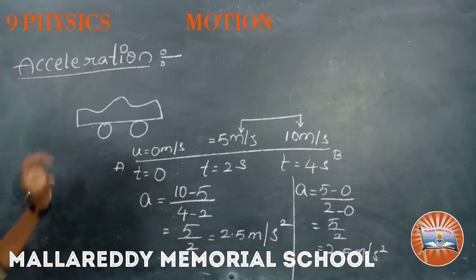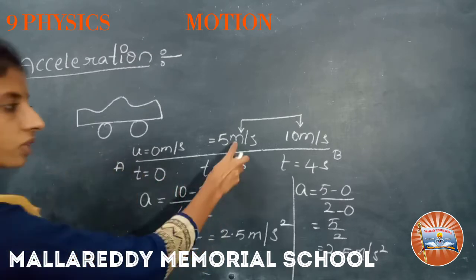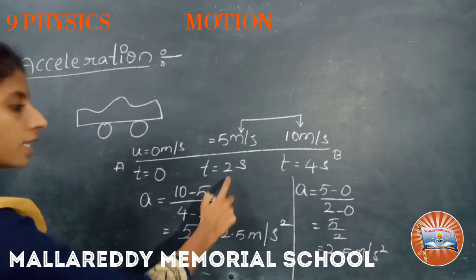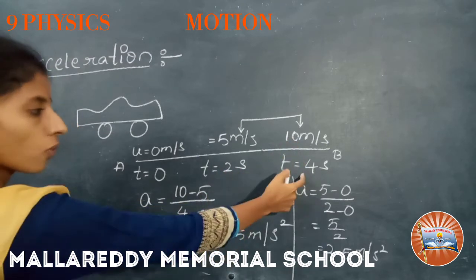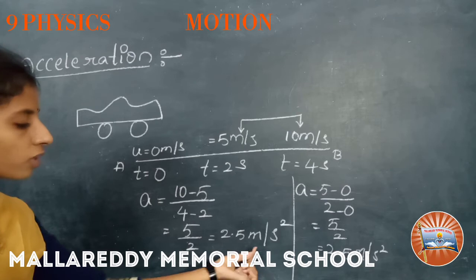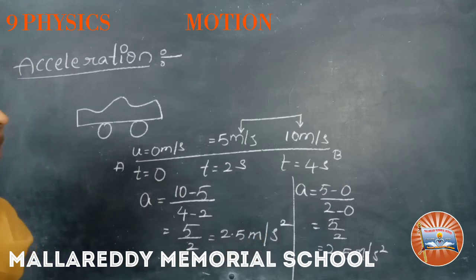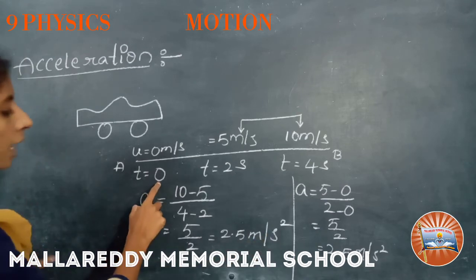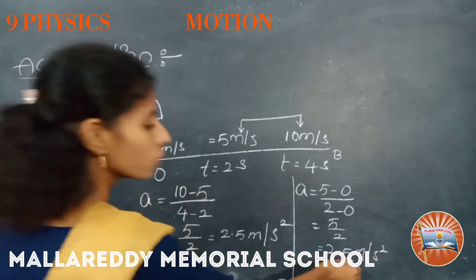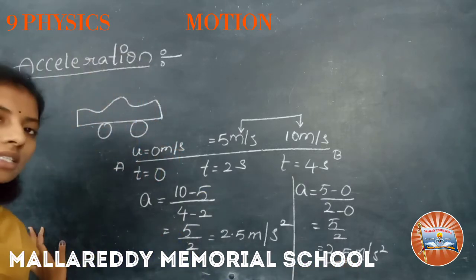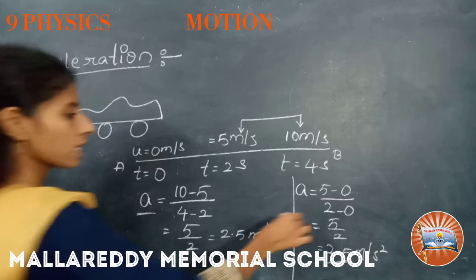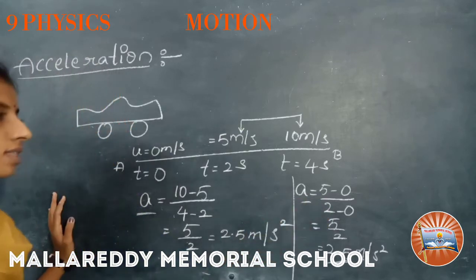Between 2 seconds and 4 seconds we got 2.5 meter per second square, and from time 0 to 2 seconds we also got 2.5 meter per second square. So in both cases the acceleration is the same.